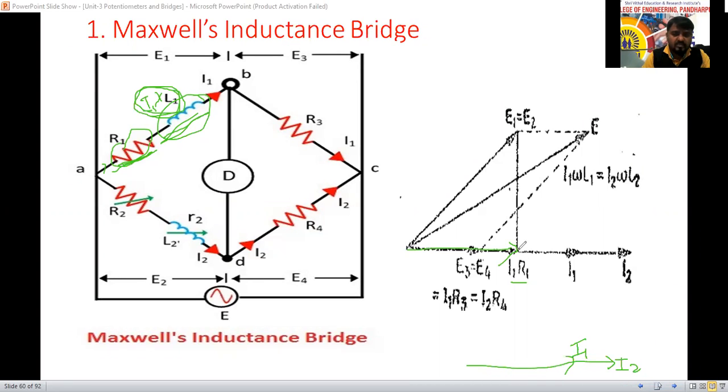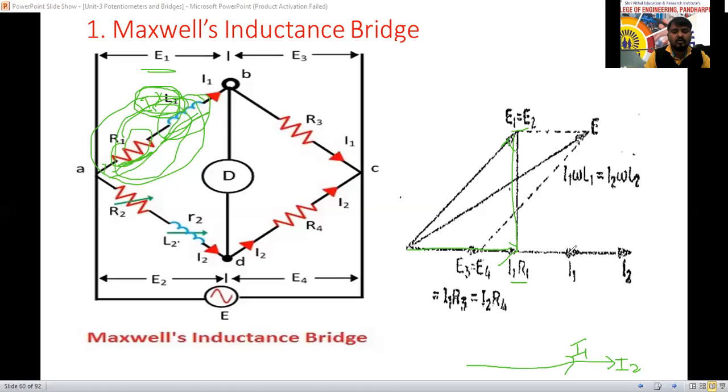So from this point, we have to draw 90 degrees here. The current is 90 degrees from here to here. This is the voltage drop across branch 1, E1, we are going to call. It is an inductive load. So the E1 is inductive here. The voltage drop at branch 1, E1, leads the current I1 by 90 degrees, or I1 lags the voltage E1 by 90 degrees.